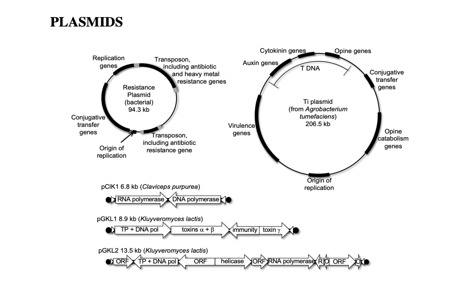Some of the plasmids carried by fungi are linear rather than being circular, and they often have proteins covalently bonded to the ends, and those are the black dots on the ends here. Some carry a toxin gene as well as an antitoxin gene for immunity to that toxin.